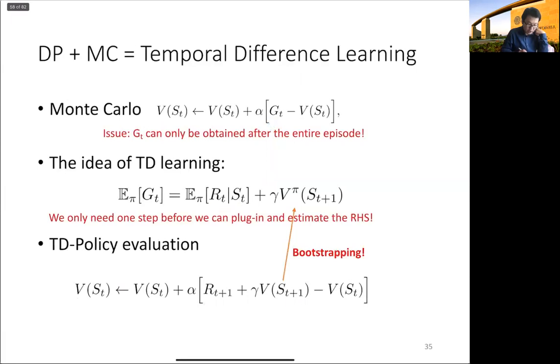So how do we get this V? This is the so-called bootstrapping, where we plug in what we believe into the place where it should be the true value function, but we don't have the true value function. So the best thing we can do is plug in what we think it is at the moment.